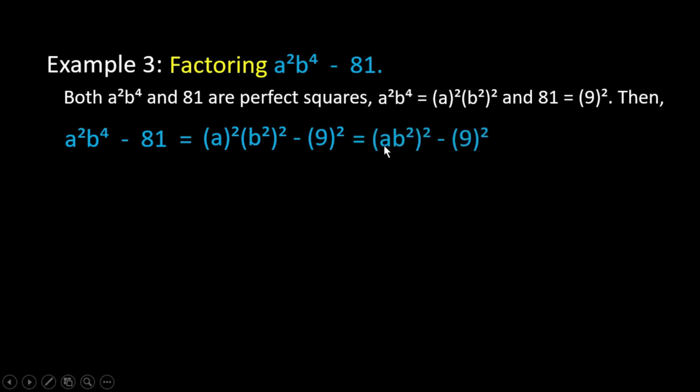So, magiging close, then ab squared, open parenthesis, squared. So, minus 9 squared. So, dito pa lang guys, malalaman natin na ano ang value ng a at saka b. Ito na ngayon ang value ng a. A is equals to ab squared. Ito guys. Tapos yung b naman is equals to 9. Ito guys.